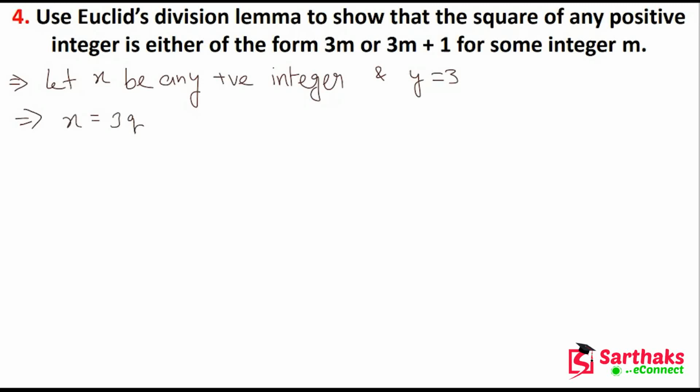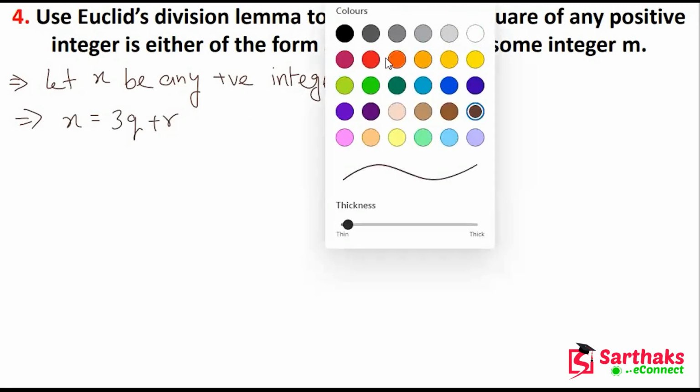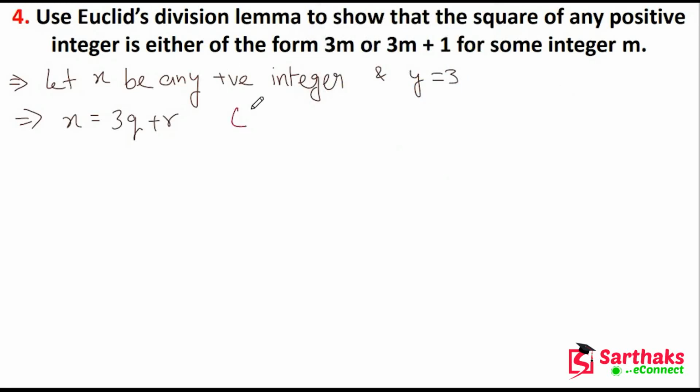x equals 3q plus r. And what is the value of r? The value of r is 0, 1, 2. Not more than 2, because the value of b is 3 and r must be less than b.